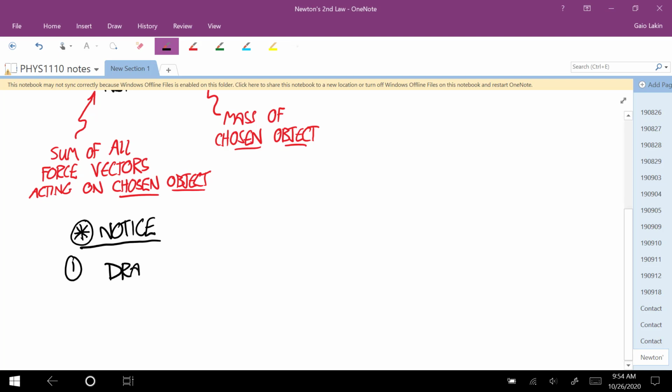I'm going to take points off if you don't draw a free body diagram, even if you get the question right or whatever. A lot of times, I get people who've taken physics before, and they're not in that habit and they sort of don't like this rule.